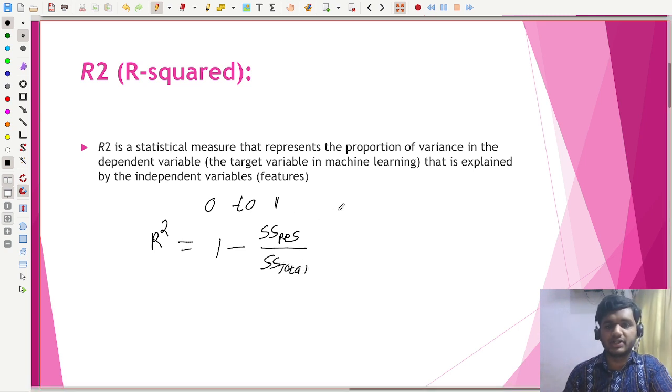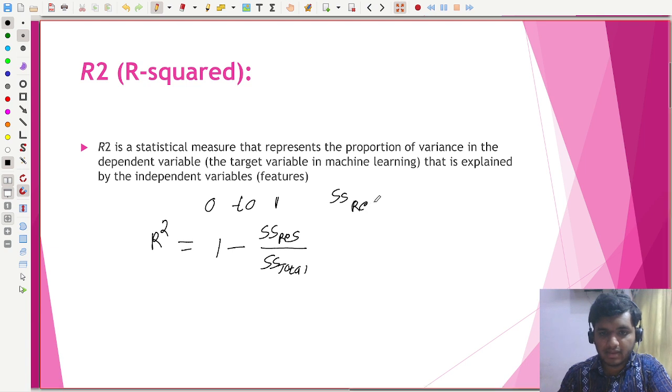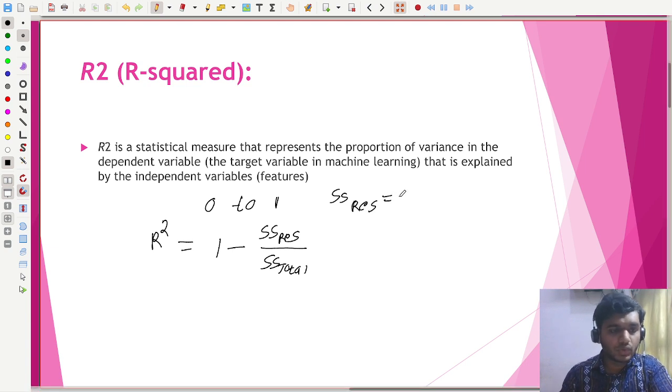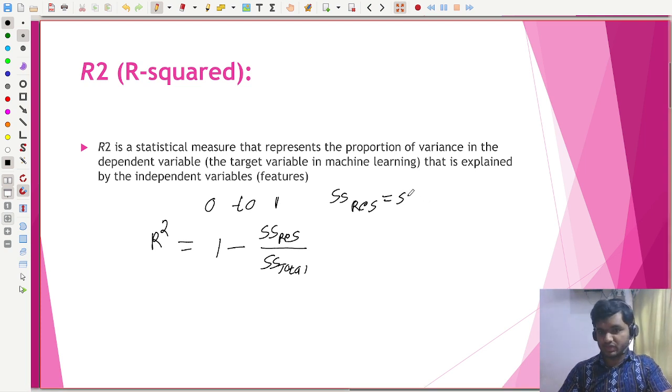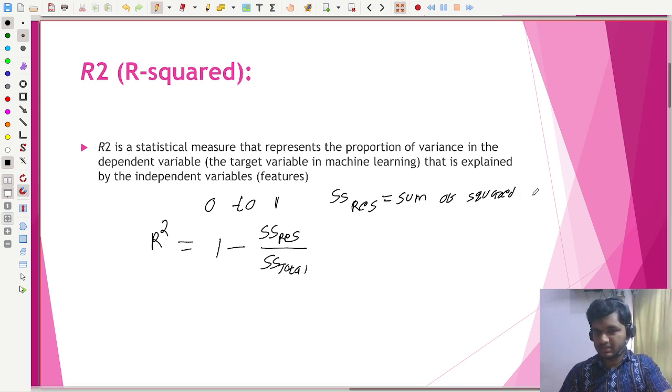Here SSRES is the sum of square residual.